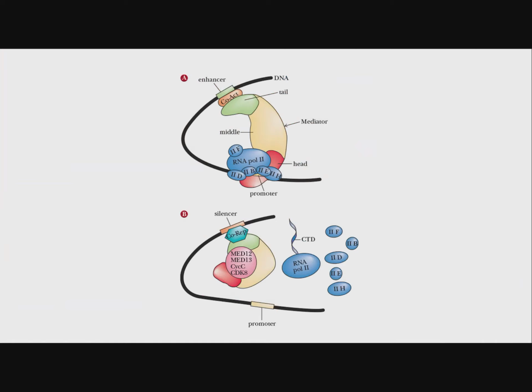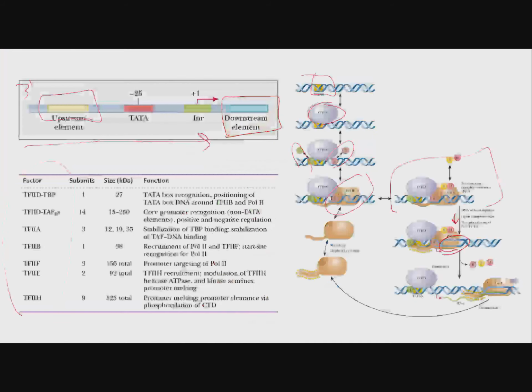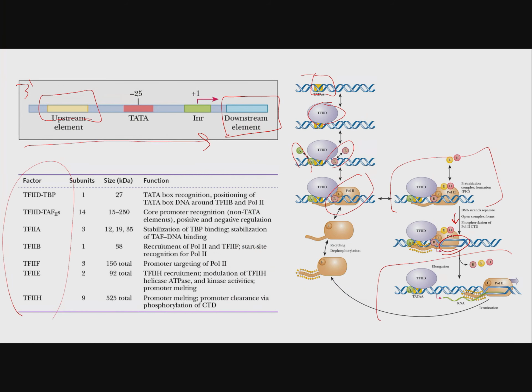There's a couple of classes of elongation factors. I don't think I'm showing you a picture of that here. Let me go back here. A couple classes of elongation factors. There are positive transcription elongation factors and negative transcription elongation factors. But in terms of classes, we don't need to know anything about those.